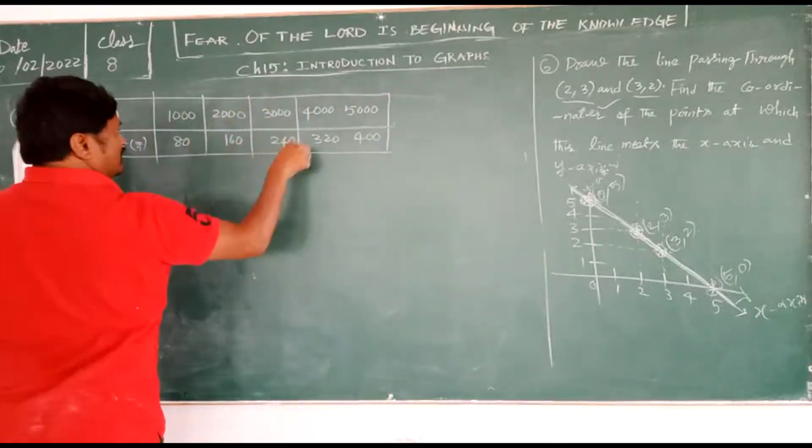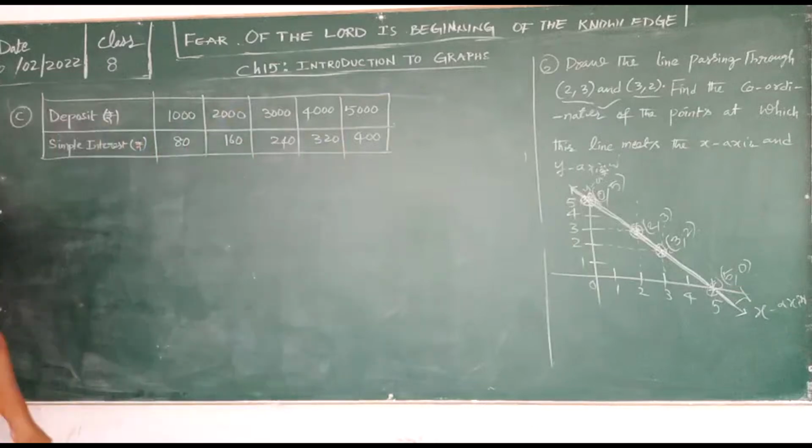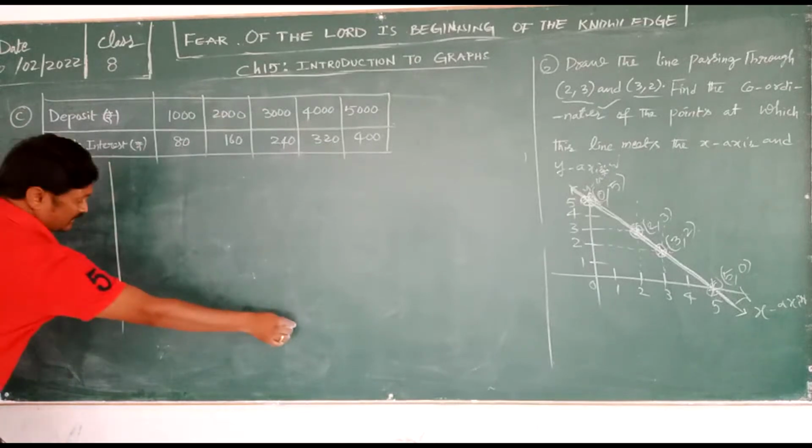So let me draw this part and we'll finish today. Here, does the graph pass through the origin? Let's see first. Let me draw the graph.